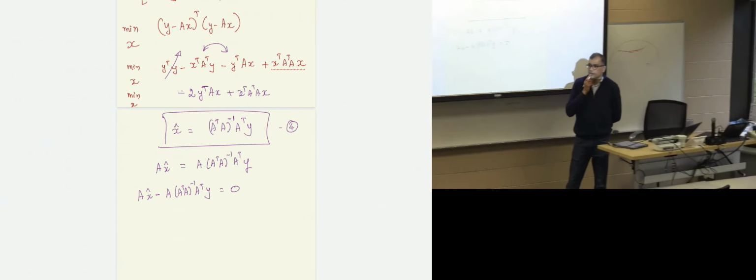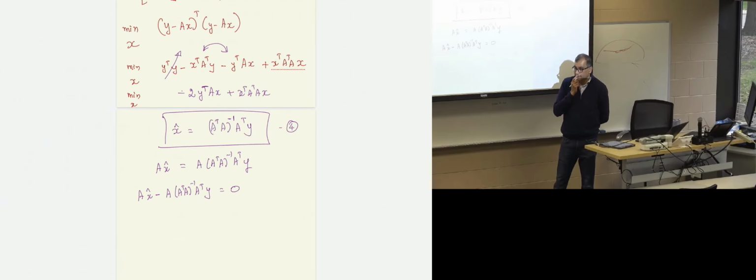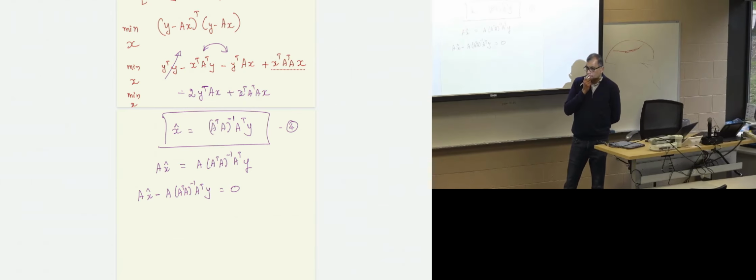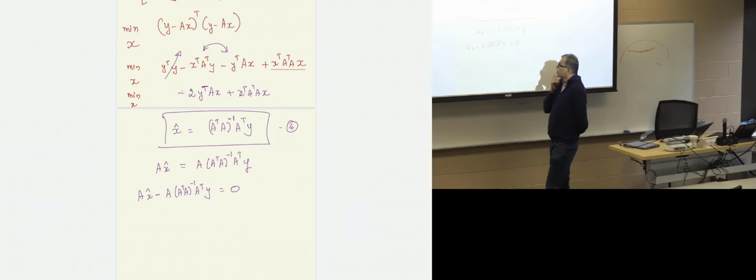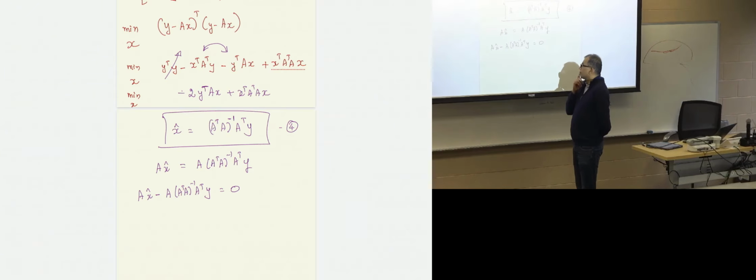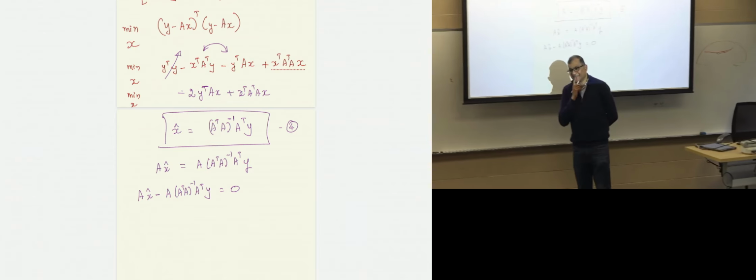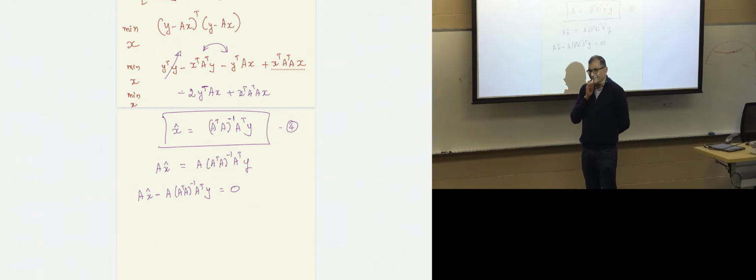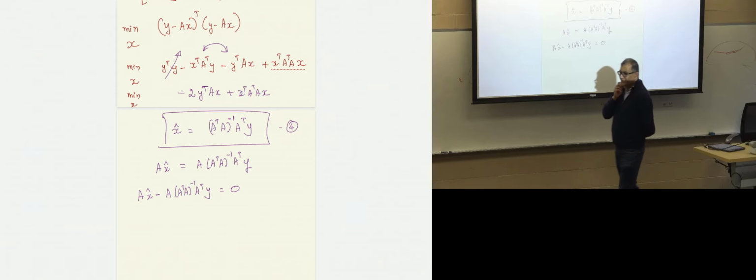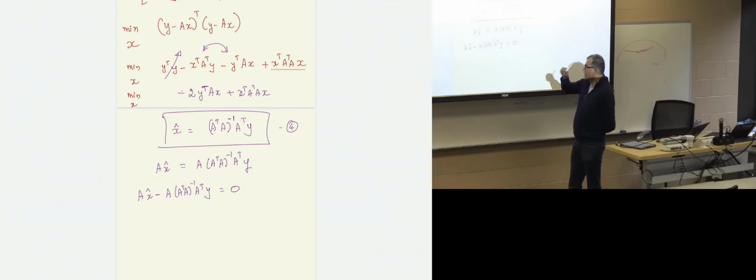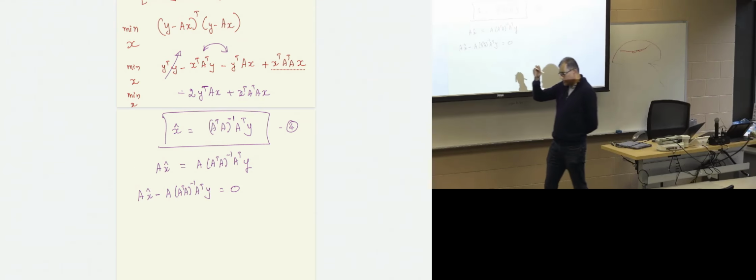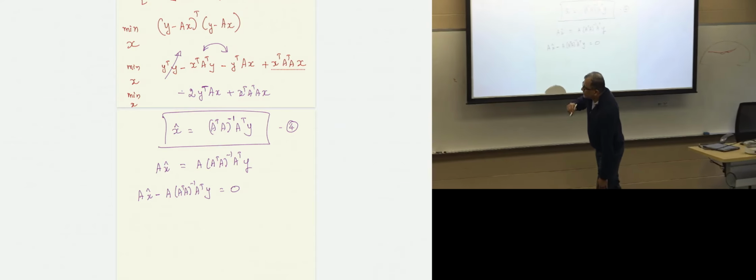The error. The error between your predicted value. Well, how do you define error? Okay, never mind, it's equal to 0.